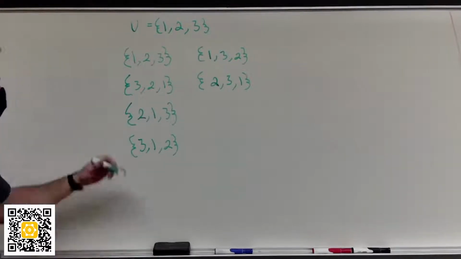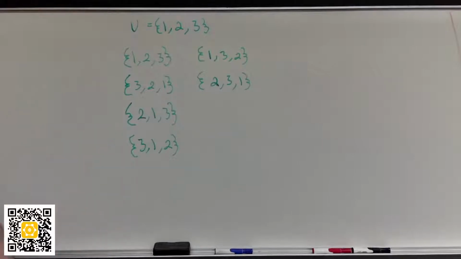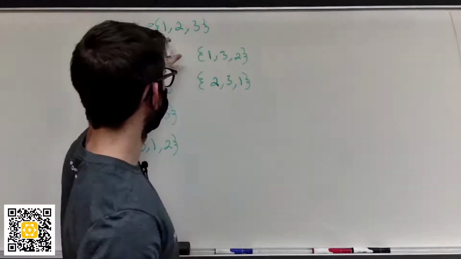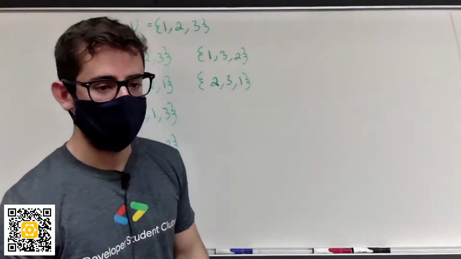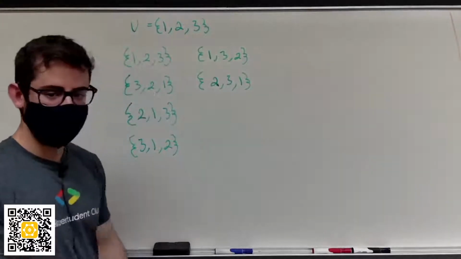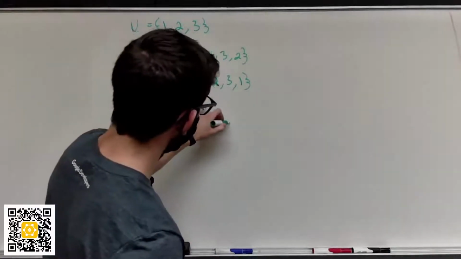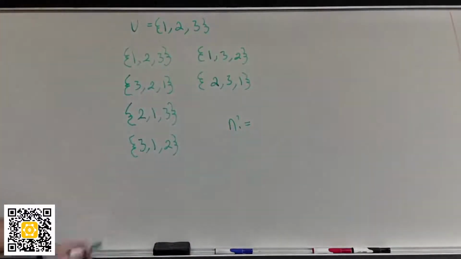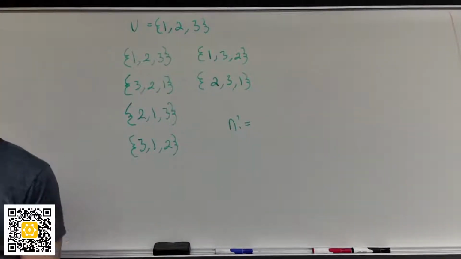All right, so how many permutations do we have here? 6. And what's the length of our universal set in the beginning? 3. So the relationship is that the length of this universal set, let's call it n, the factorial of that n, tells us how many permutation sequences there are.